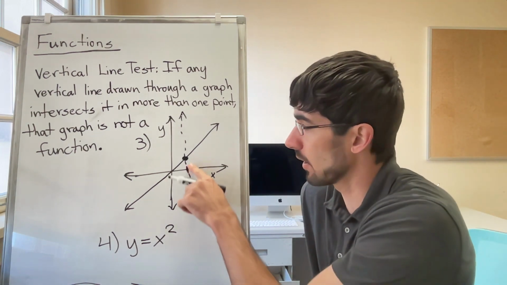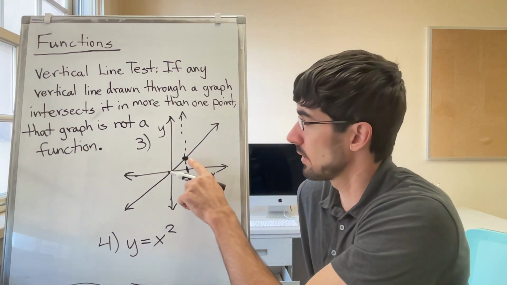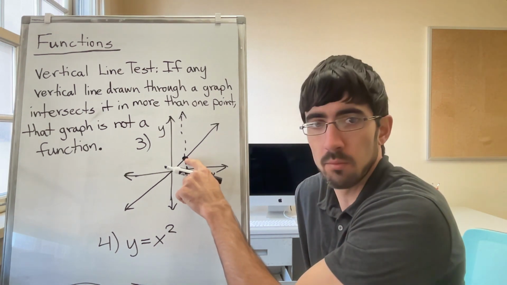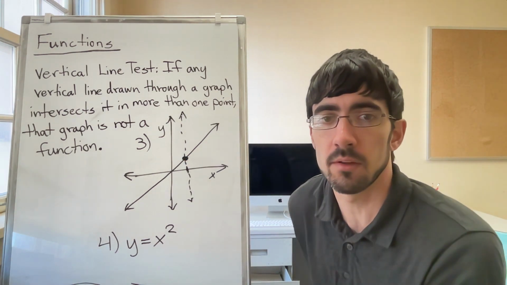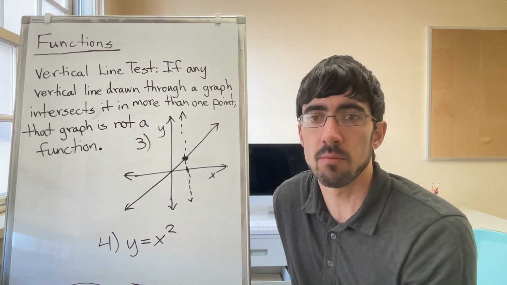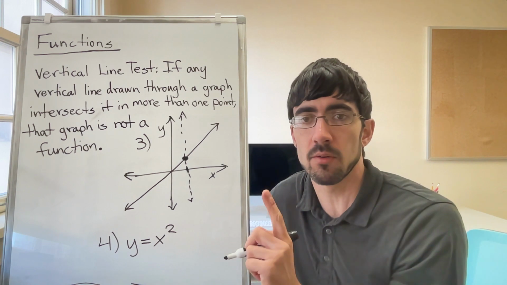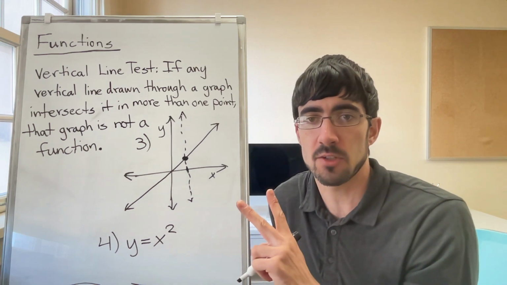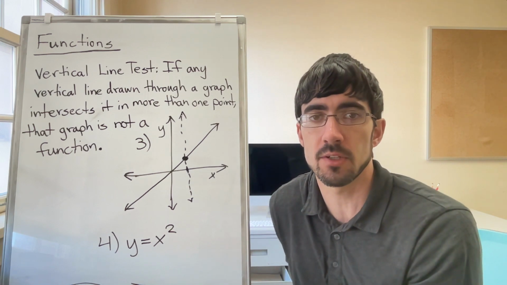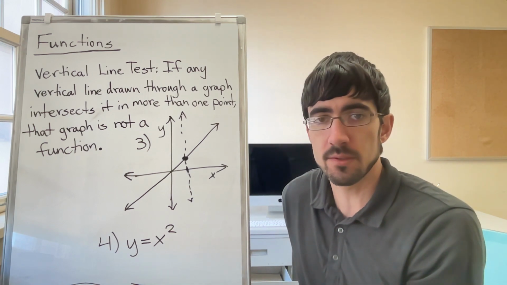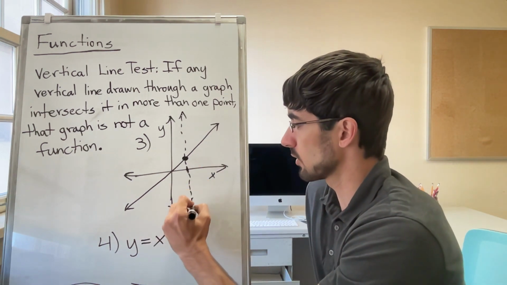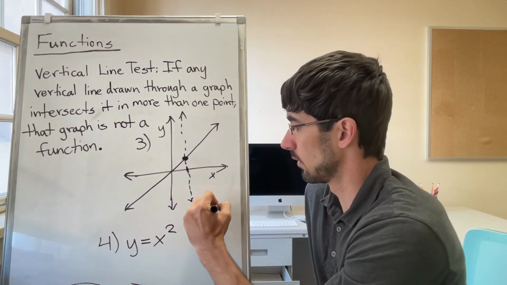So this x value, 1, is matched with exactly one y value, and that point represents right where that matching occurs on the line. If any vertical line intersects the graph in more than one point, that means a single domain value is matched with more than one y value, and that would contradict our definition of a function. So because of the vertical line test, this graph is a function.